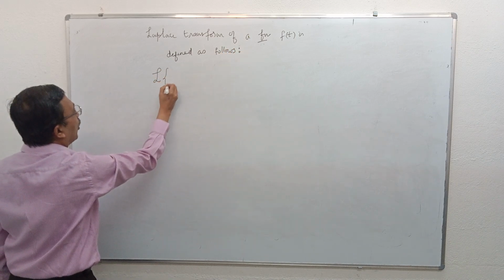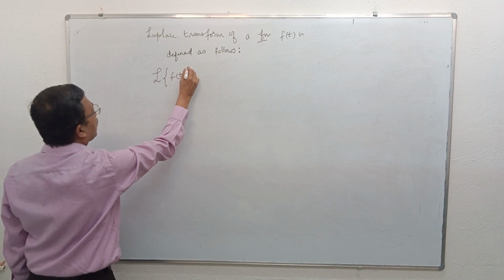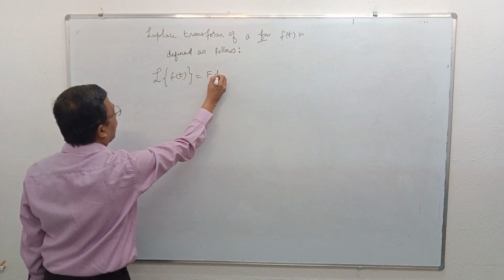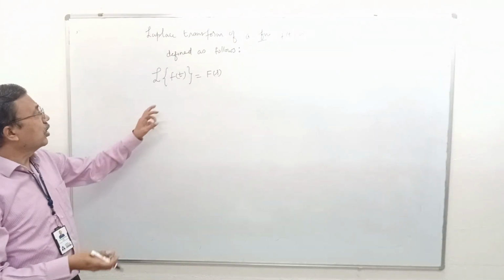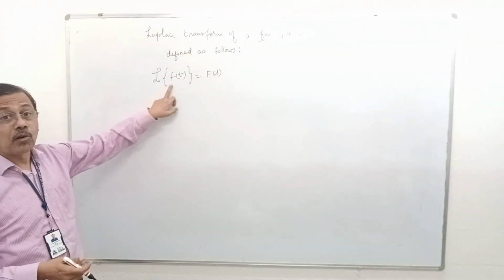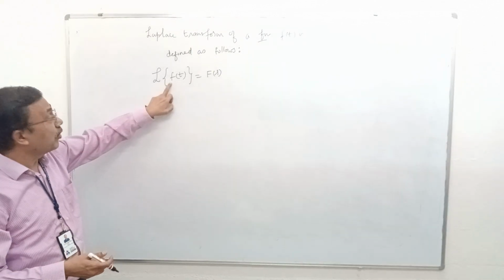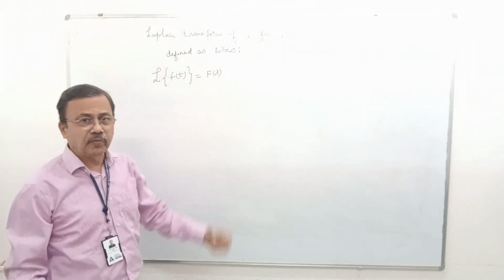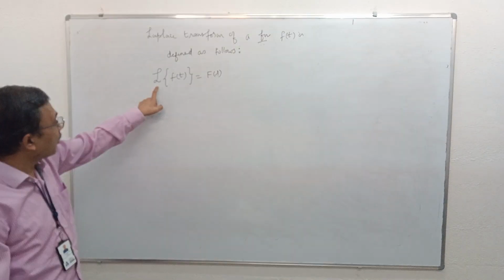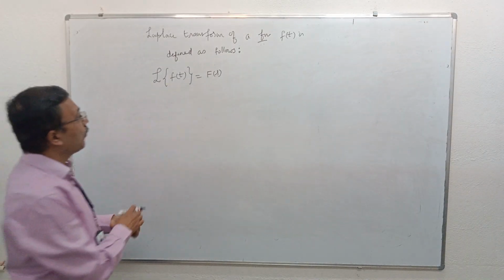Laplace transform of f of t is equal to F of s. Please note that all time domain functions are denoted by small letters or lowercase letters. F of t, small f is written. F of s means uppercase letter or capital F is written.